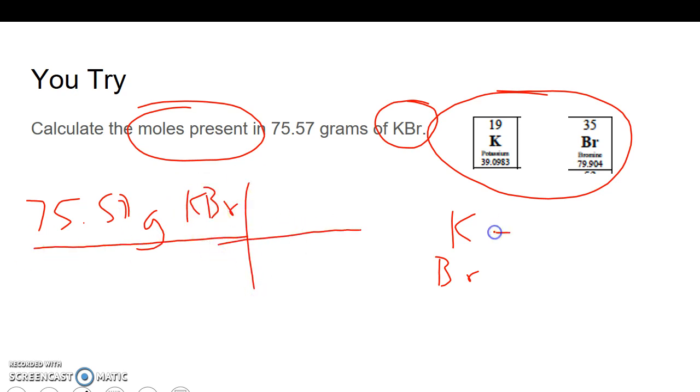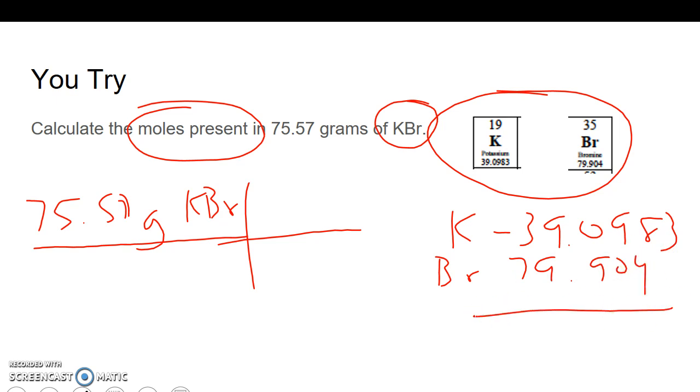And I'm going to find the molar mass using my numbers on the periodic table. And when I add these together, bear with me here, I'm typing these numbers in.